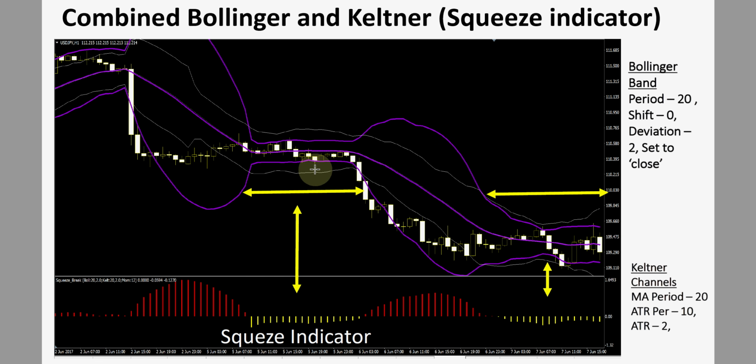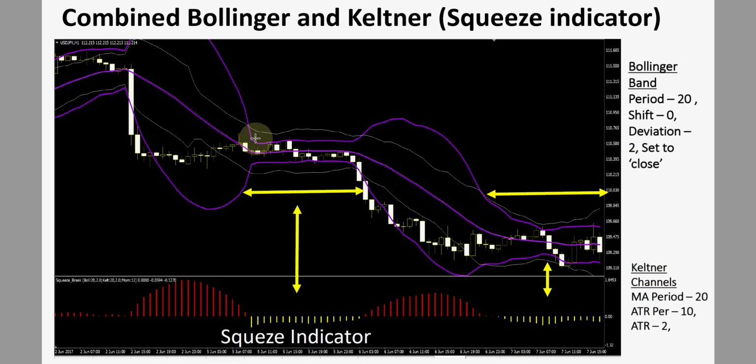So if you are a day trader, for example, and you have this information with you, you know we are in a choppy market. You can sit on the sidelines until the squeeze is over, and then you can continue your trading.